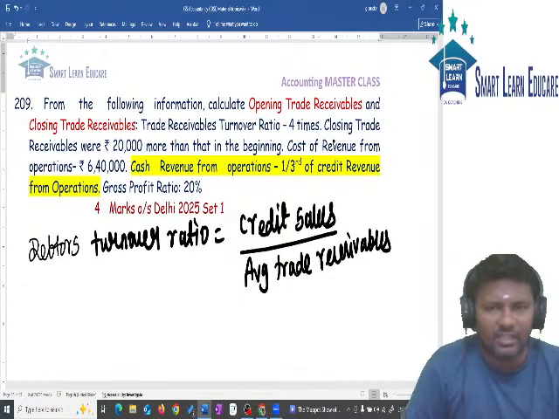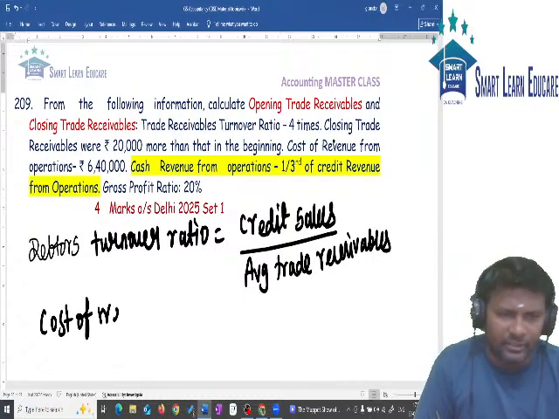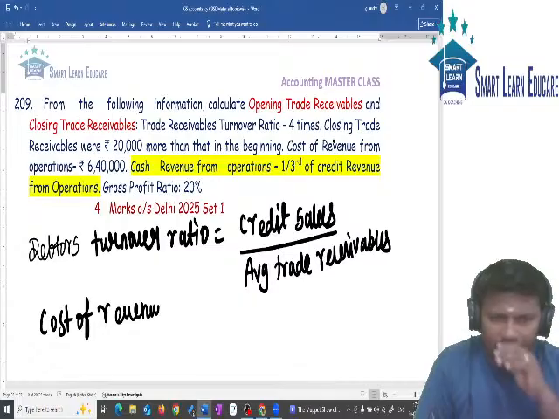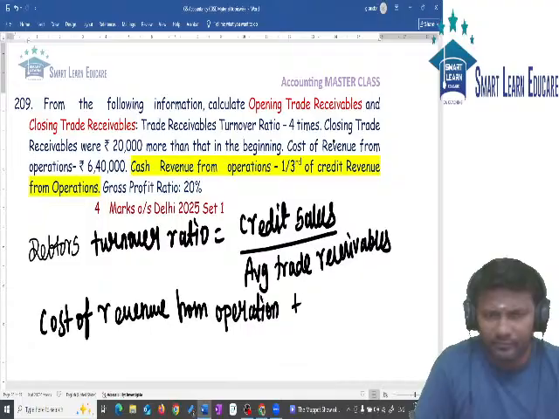In the question, credit sale is not given directly. One more thing is given: cost of revenue from operation, nothing but cost of goods sold. With this, gross profit should be added and you will get sales.